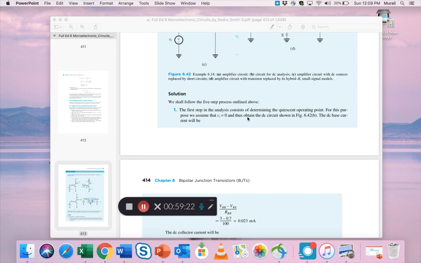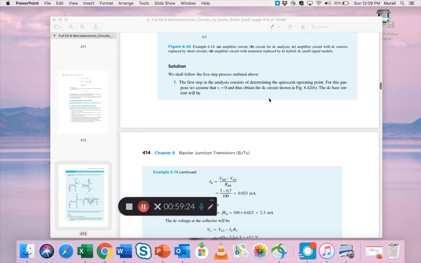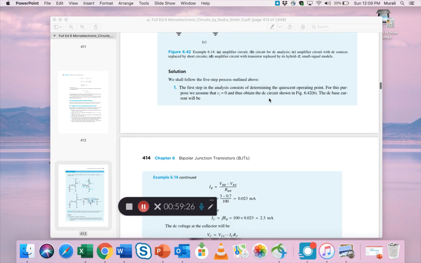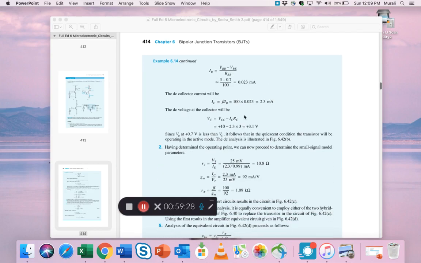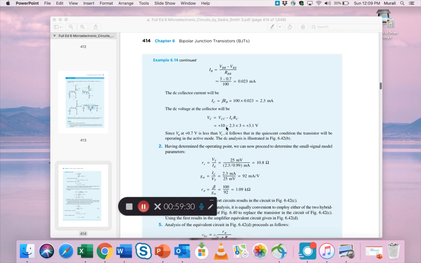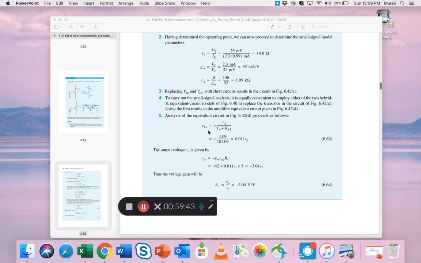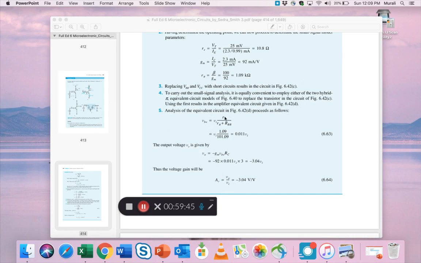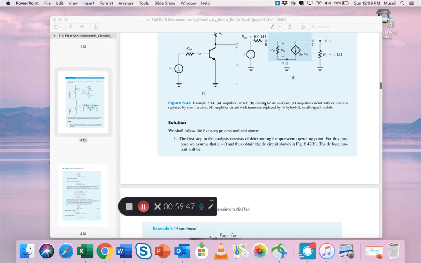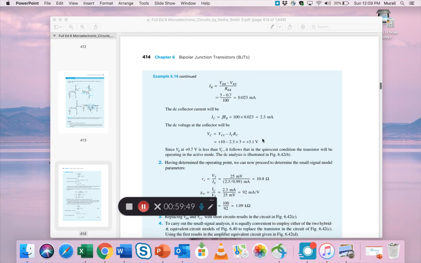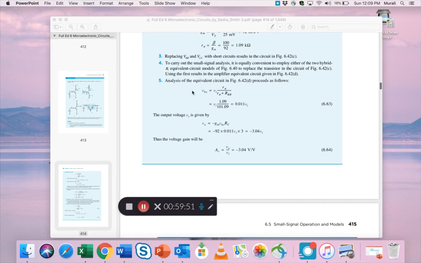Here's the 5-step process. The first step is to find the Q point, then various other steps. So each one of these leads you to the answer. So he determines the small signal models in step 2, RE, GM, RPi. Then he creates the model, which is this. Then he answers the question.